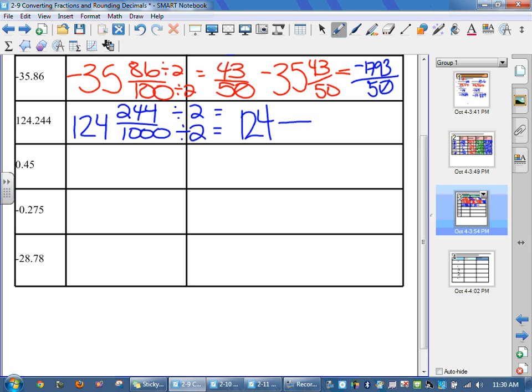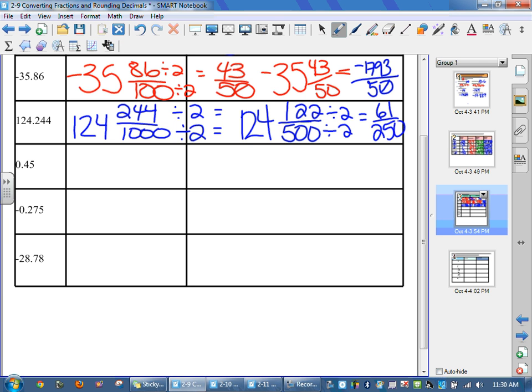What's our top number? 122. Good. Will our top number go lower again? Yes, it will. We can divide them again by 2. And what do we get? 61 over 250. Good.